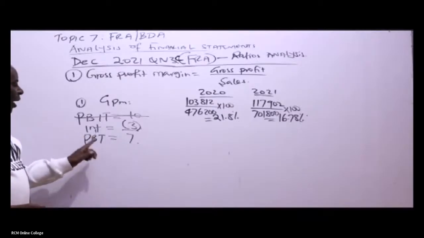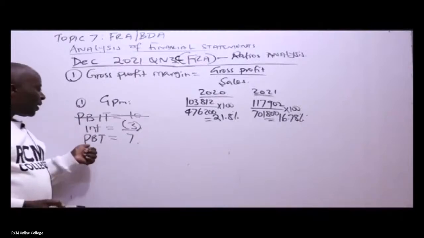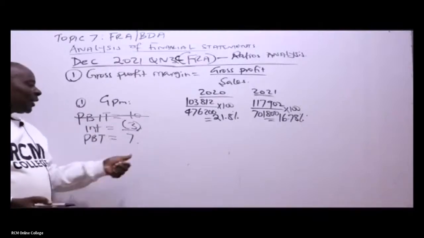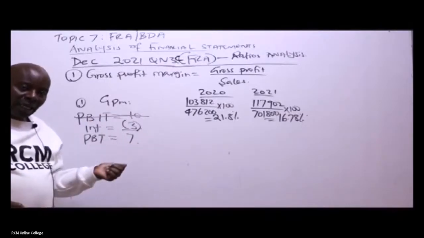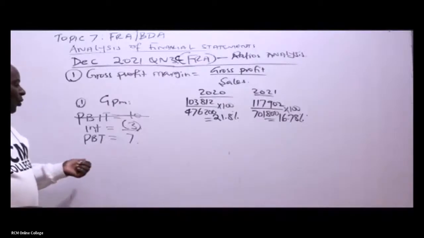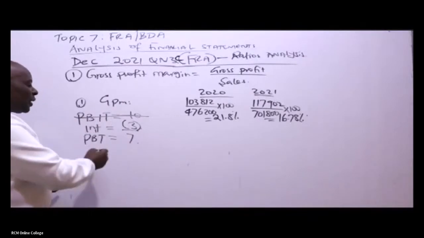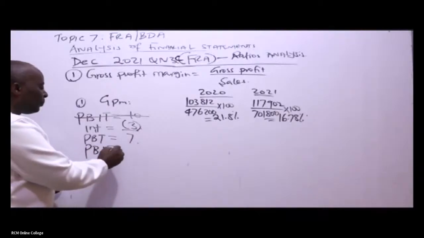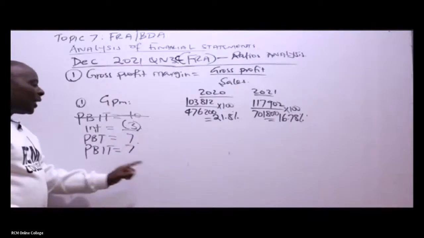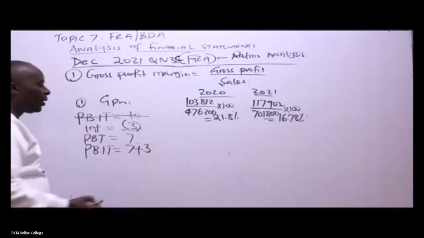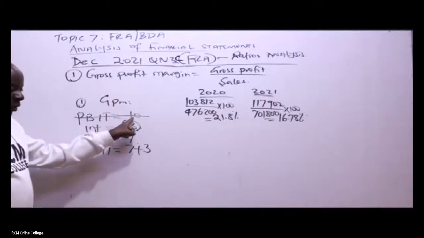So the question will be, how do you change PBT to PBIT? Very easy. This is profit before tax, it's after interest. So I want you to make it before interest and tax. You had subtracted interest to arrive at this, so simply add back that interest. You add back the interest, which is 3. So 7 plus 3 gives me 10.